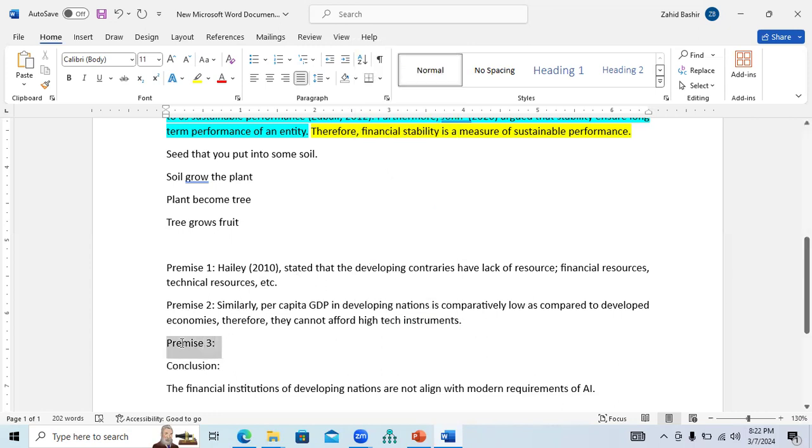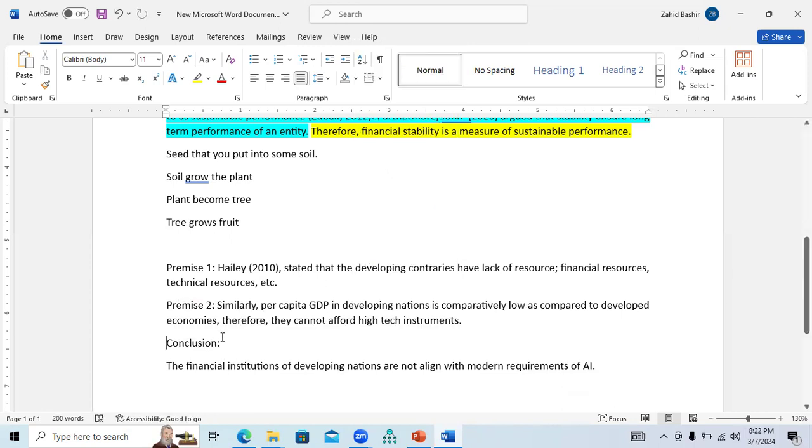So let's suppose I would like to conclude from these two premises. Therefore, the developing nations cannot afford modern tech like AI.